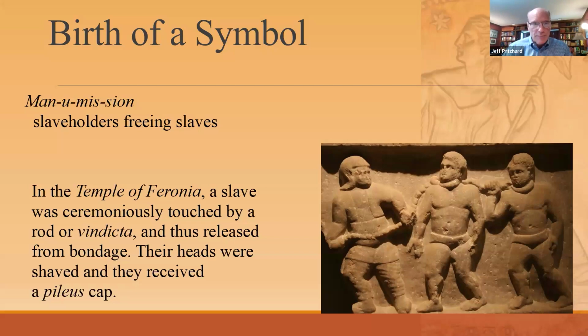And since that time, those 2 symbols, the rod or staff and the pallias, the Liberty Cap, became symbols of freedom and liberty. And when the goddess Liberty, or Libertas, as she was called in ancient Roman times, was portrayed, she was frequently portrayed holding that staff of manumission and the Liberty Cap.